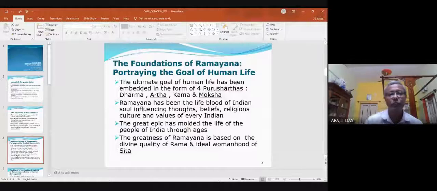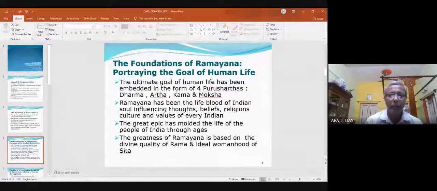Next, we have the foundations of Ramayana and the goal of human life. The ultimate goal of human life has been embedded in the form of 4 purusharthas. We all know them: dharma, artha, kama, and moksha. These 4 constitute the ultimate goal of humanity, and the Ramayana mentions all of them, and through them it tries to maintain human life.